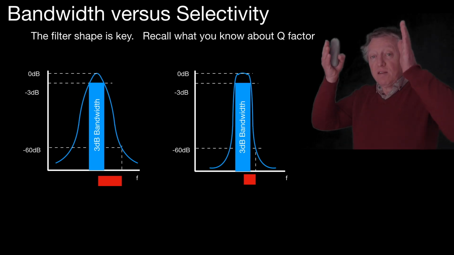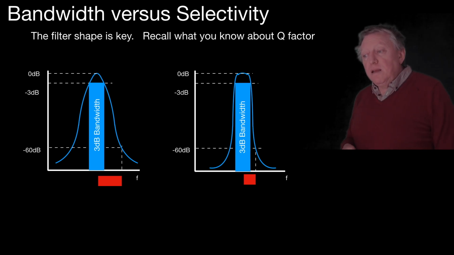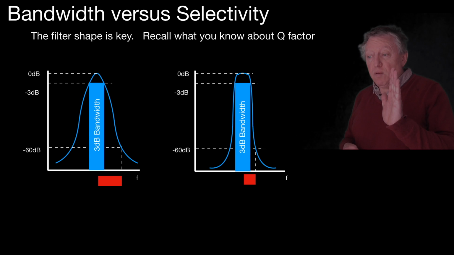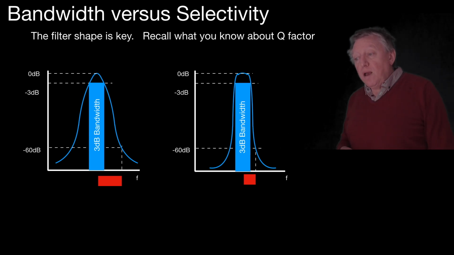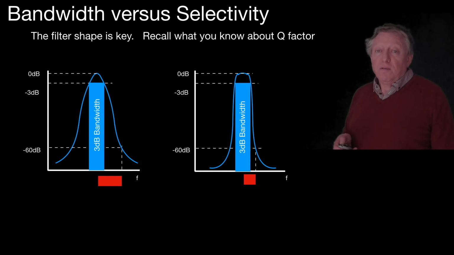You can see that the sides of the skirt are steeper, and therefore you can see at the 60 dB point from the center frequency out to where the minus 60 dB point cuts the curve, the selectivity is narrower. So that's pretty good.